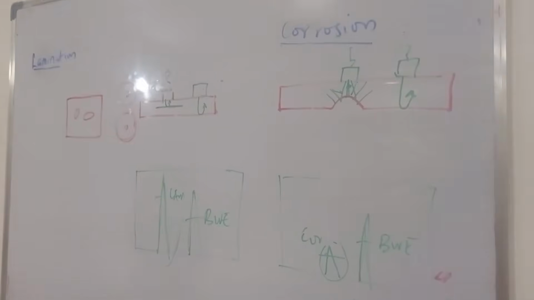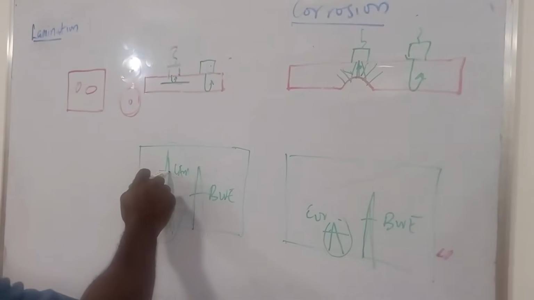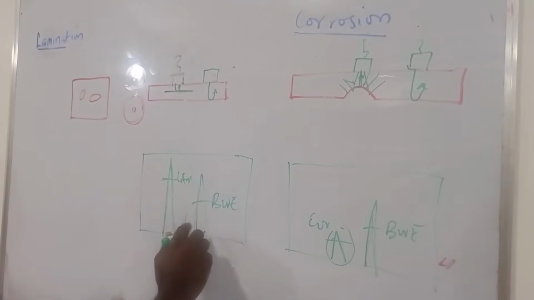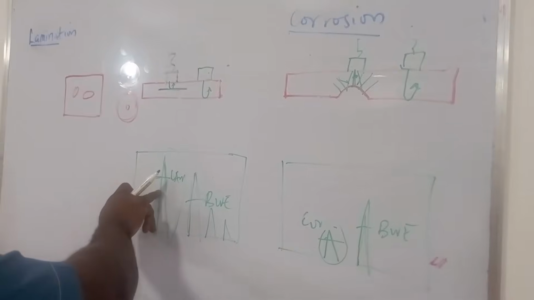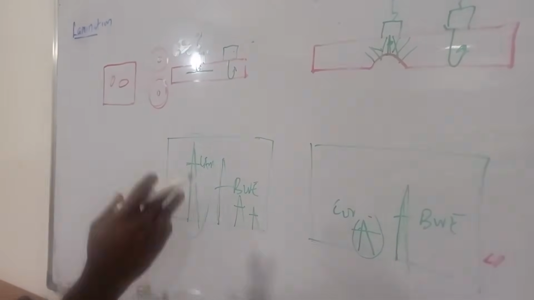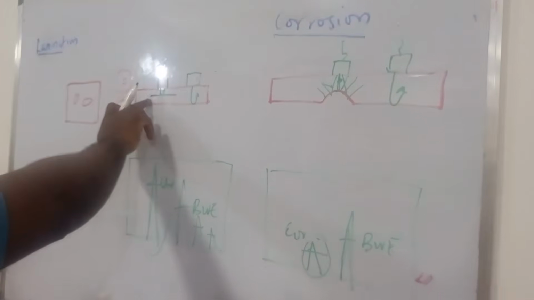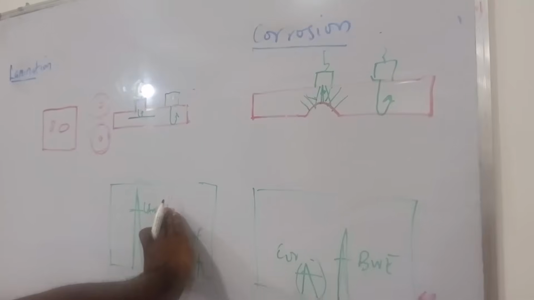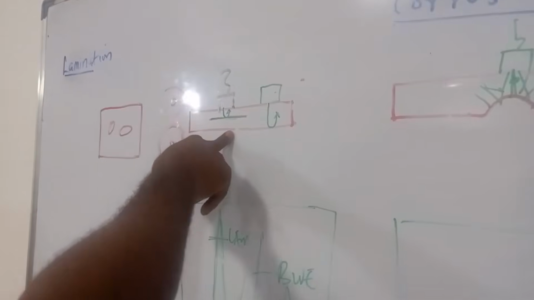The second difference between corrosion and lamination: if I have a lamination here, I can have multiple laminations. So I can have lamination back wall, another lamination back wall, and it repeats. Though when you are at the center of the lamination, this back wall may be eliminated because in this case the echo is not getting to the back.